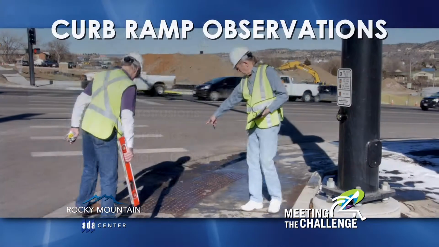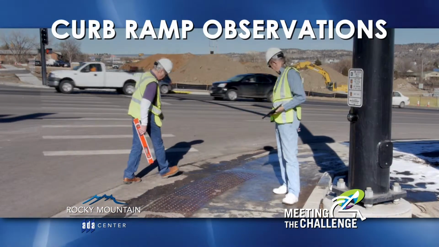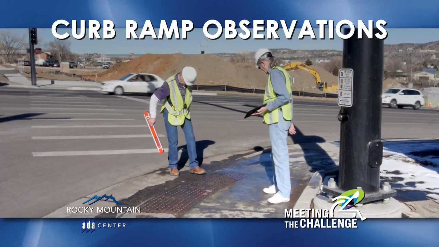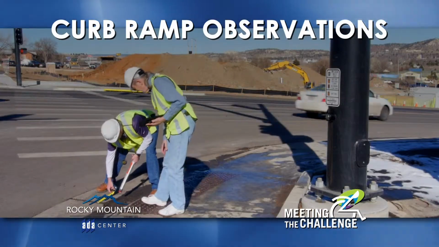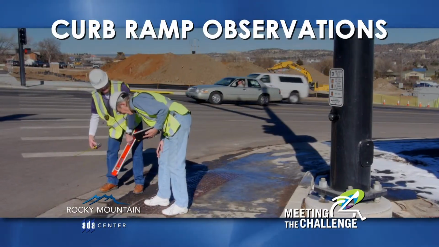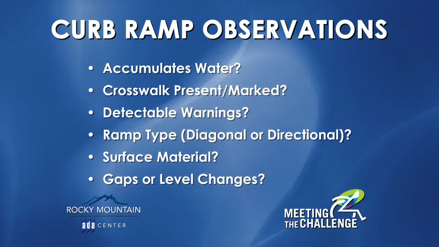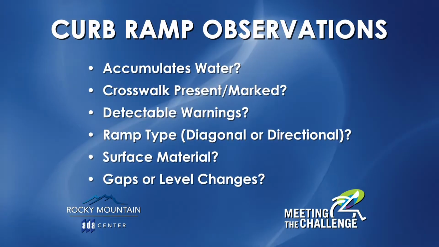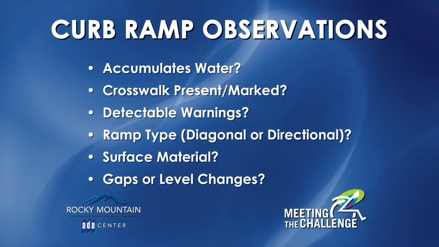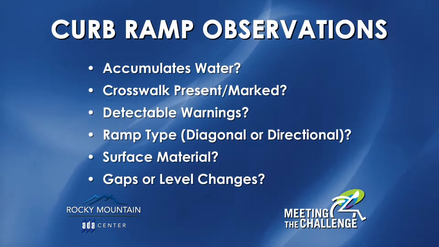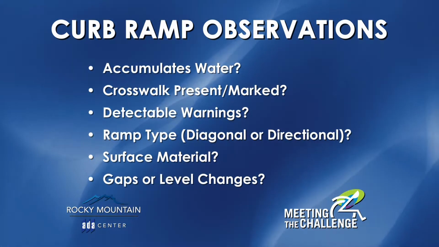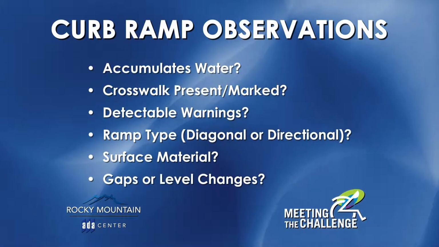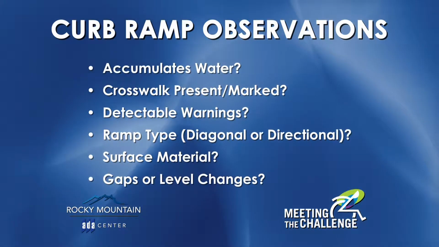Curb ramp observations. Each curb ramp requires a variety of observations and measurements. Some of the observable attributes of a curb ramp are: accumulates water, crosswalk present or marked, detectable warnings, ramp type, diagonal or directional, surface material, gaps or level changes.